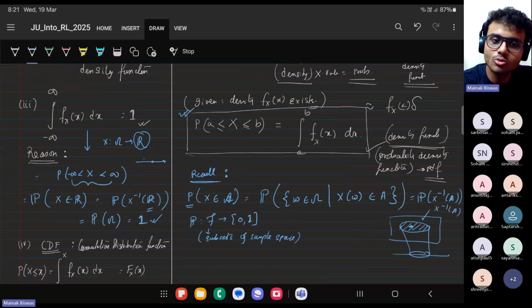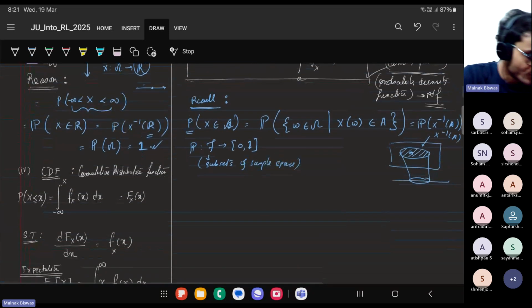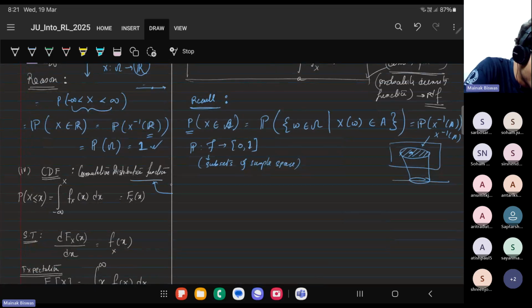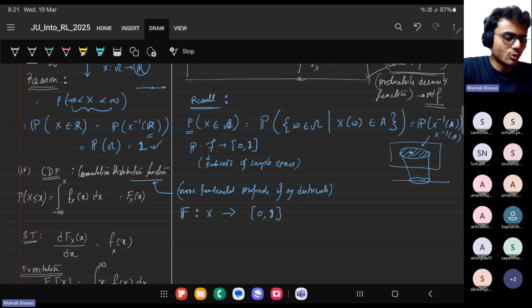So the cumulative distribution function, or the CDF that we discussed last time, is a more fundamental property of any distribution, which always exists. So this is a CDF F, which maps from the real number line to between 0 and 1. And it is a monotonically increasing function, as we have seen. We'll see it again.